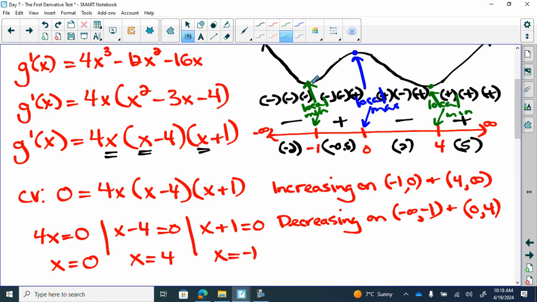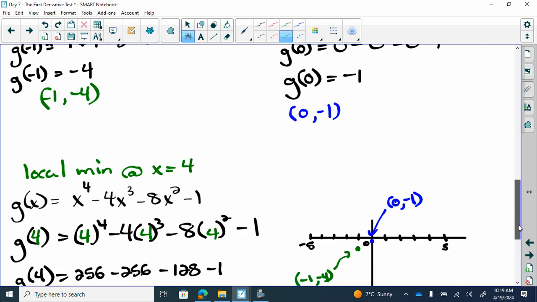And then what does it do? It swings around and goes back up until I hit this point, which was 0, comma, negative 1. And then what happens from there? I drop it way down, and I got to go through the point 4, comma, negative 129. And when I get to that point, what does it do? It turns and goes back up forever.